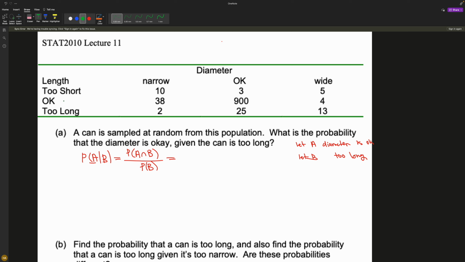So, the probability that the diameter is okay, which is this section, right? But I want it to be too long. Oh wait, I might have messed up. Oops. It's supposed to be this way. So this is the diameter is okay, and then too long is this section.